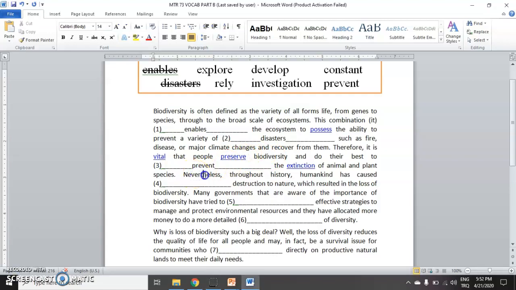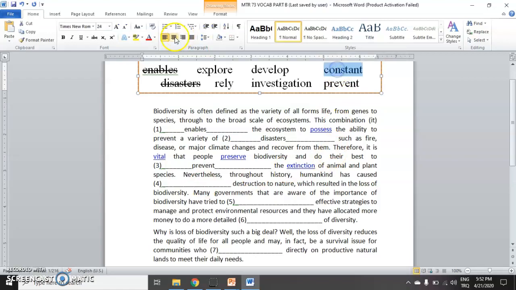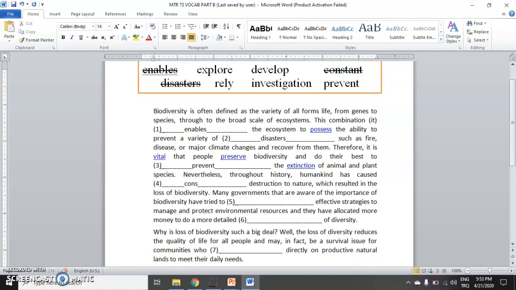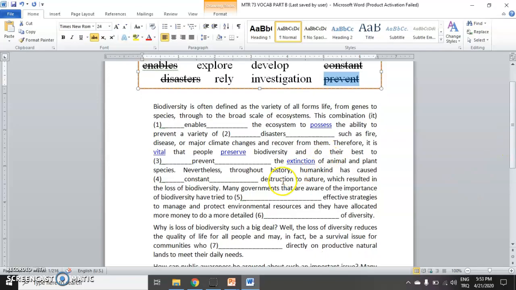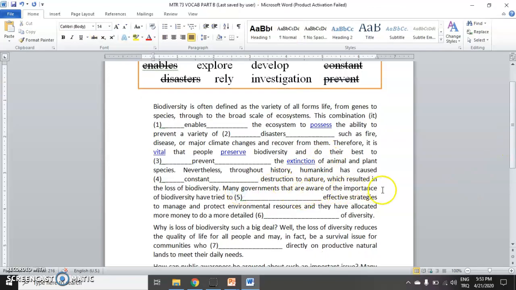Okay, nevertheless, which means however, humankind has caused something. We need a noun here normally, but the noun is here. That means we need an adjective. And constant is our only adjective here. So we need constant here as continual. Okay, it should continue to be like that. Okay, next, many governments that are aware of the importance of biodiversity have tried to do.